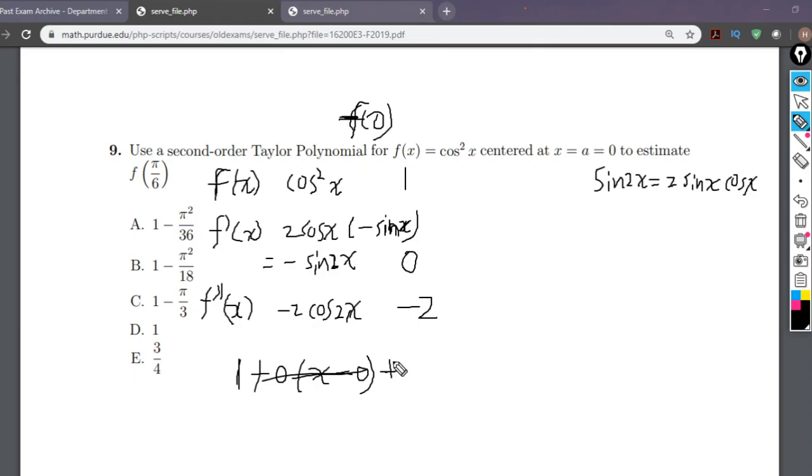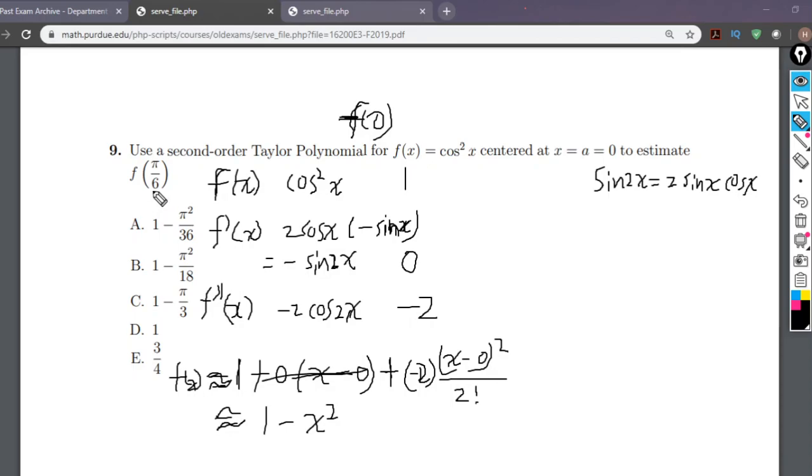Plus -2, looking at this value here, times x minus 0 squared over 2 factorial, which is 2. Simplifying this, f of x is approximately 1 minus x squared, as the second order polynomial, since the 2 cancels out.